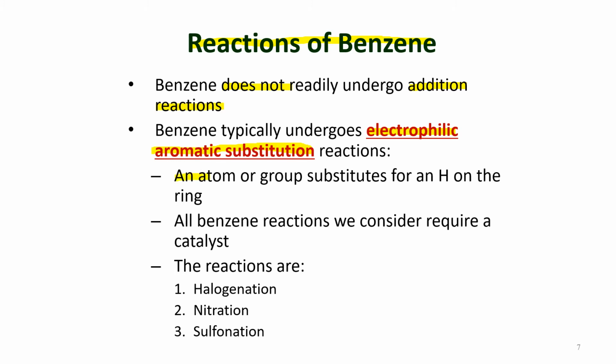An atom or a group of atoms will substitute a hydrogen on the ring. So one hydrogen atom of the benzene molecule will be replaced by one atom or a group of atoms.